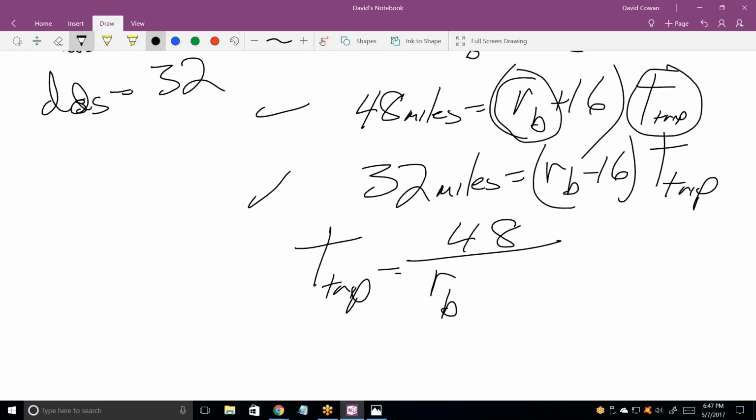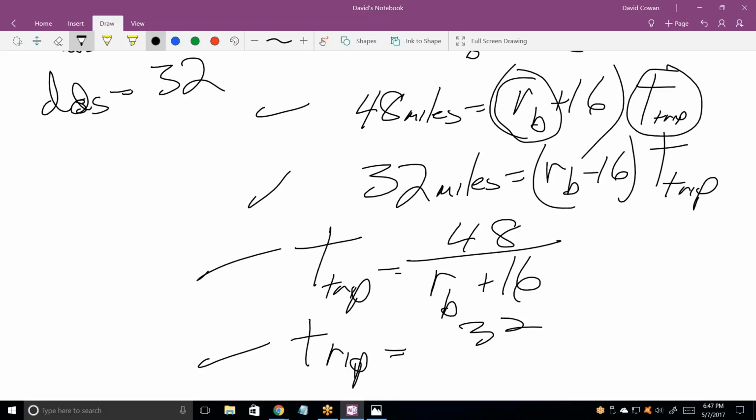And when I say the rate of the boat, I mean in still water. That's what the first equation becomes. Second equation, the time of the trip equals 32 divided by the speed of the boat minus 16.